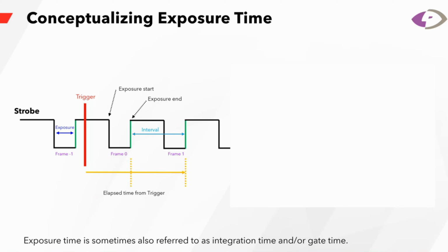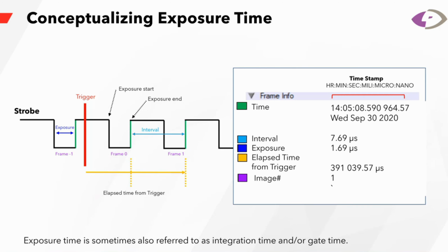The rate at which these falling edges occur is going to be your frame rate. For every frame you have in your video, we will have a timestamp associated with that frame. The format of that is typically hour, minute, second, millisecond, microsecond, and nanosecond. We also give a date and a year. We provide the interval, which is the time in between these edges. The exposure time is also noted. We also give the elapsed time from trigger.